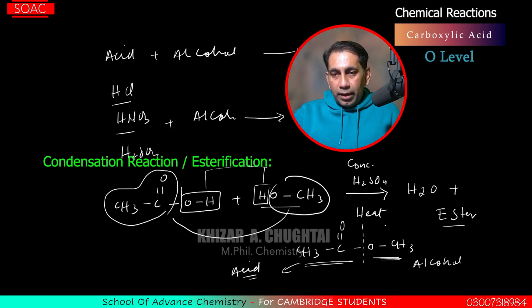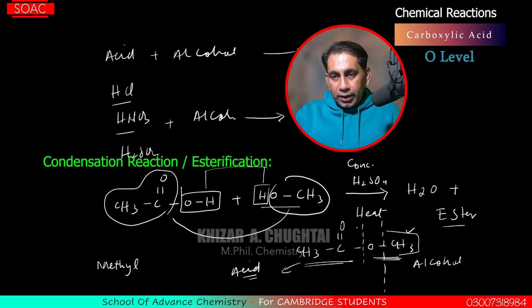For the sake of nomenclature, I'm going to cut this molecule over here. Only one carbon is lying over here, so its name will start from methyl. This portion that has no oxygen is said to be a branch. As I have cut this molecule into two portions, one portion has no oxygen, the other portion has both oxygens. The portion that has no oxygen, its name is written first, that is methyl.